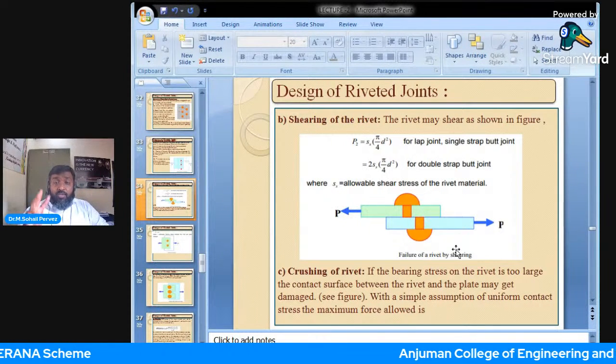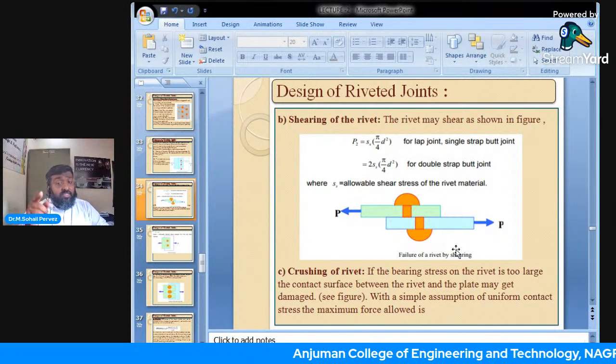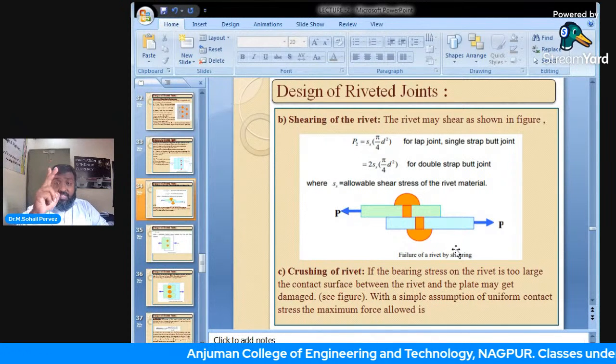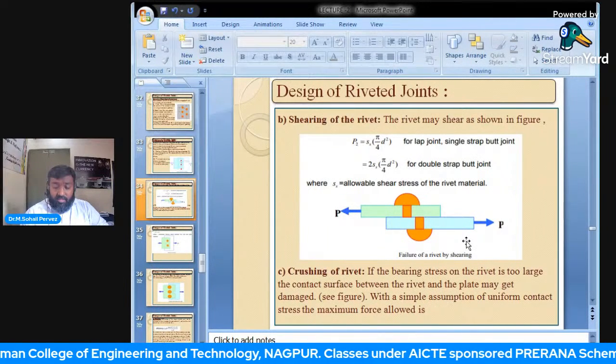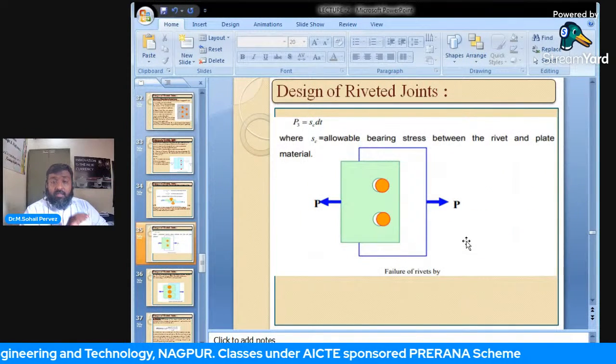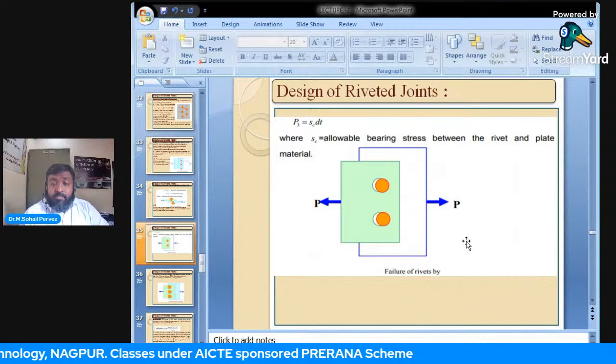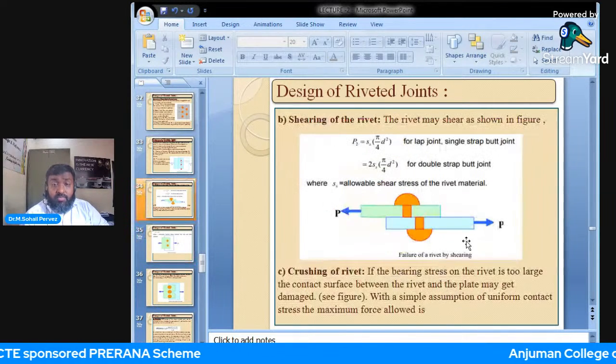So if it is broken into 3 pieces, we say that it is a double shear. If it is into 2 pieces, we say it is single shear. Yes, sir. So this one, again, the failure of the rivet will continue.